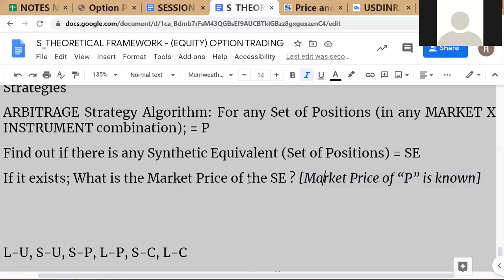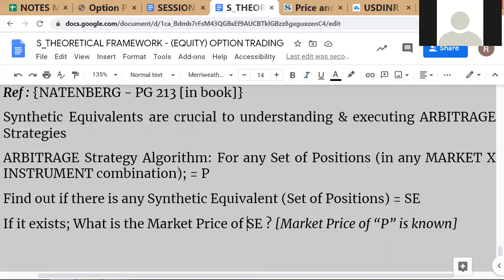Good English requires that we write that, but I'm going to save some space on the screen, so I'll remove the 'So'. What is the market price? So first you look at any position in order to see if an arbitrage strategy is possible. What are the logical steps? You first look at any set of positions in any market.